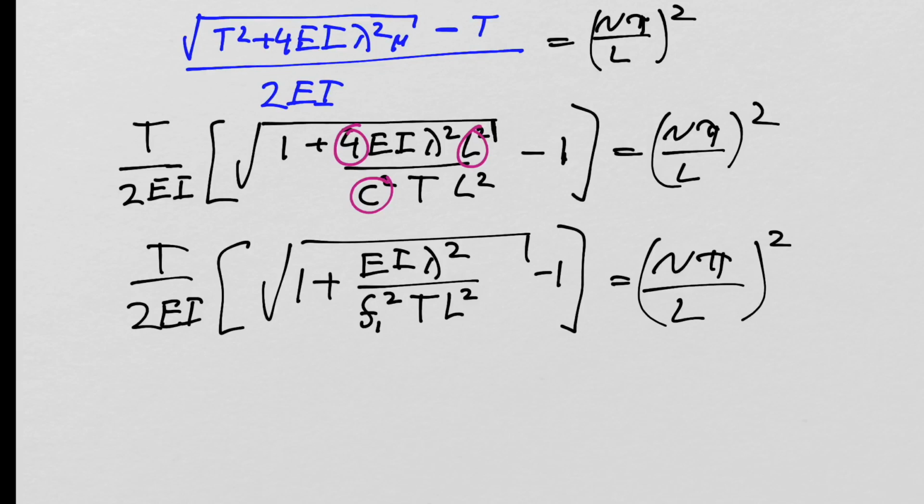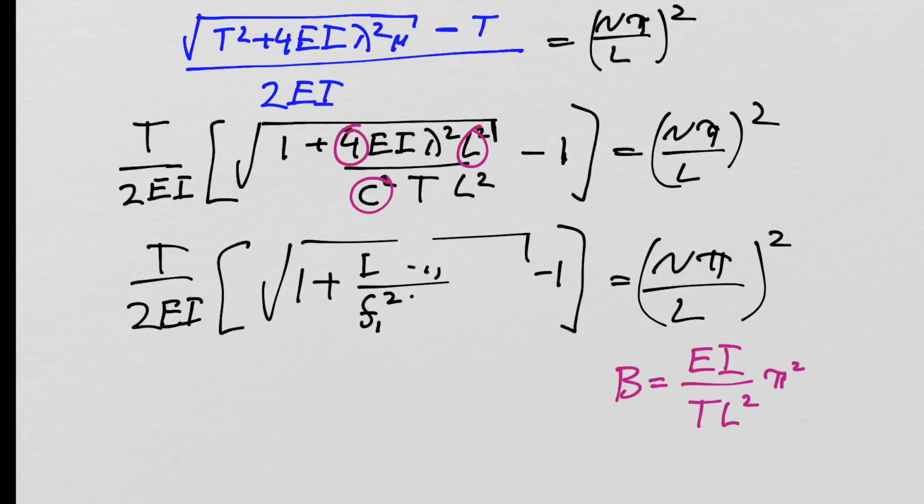And in fact, the ultimate expression of house cleaning is I'm now going to define a new constant. I'm going to define a constant B, and that constant is going to be EI over T L squared. And actually, I'm going to put a pi squared in there for convenience later on, right? And therefore, if I do that, I'll erase all of that, and this will become B lambda squared over F1 squared pi squared.